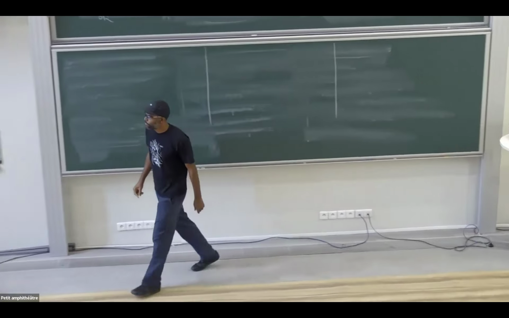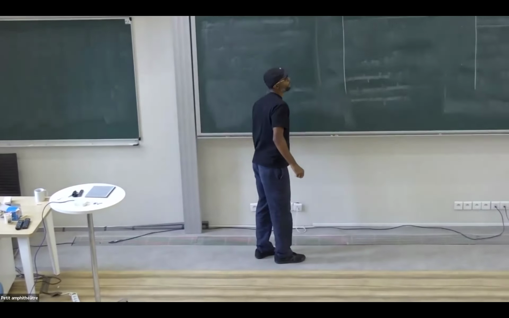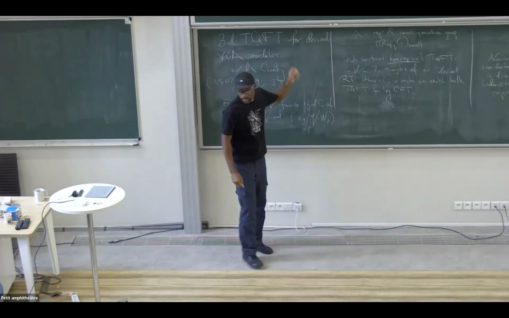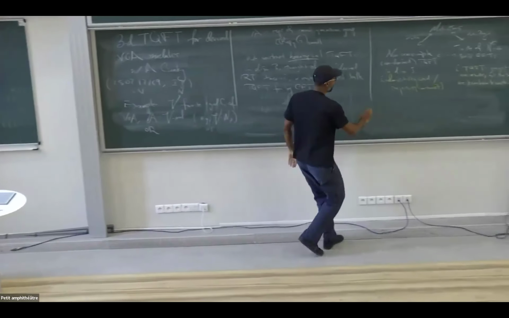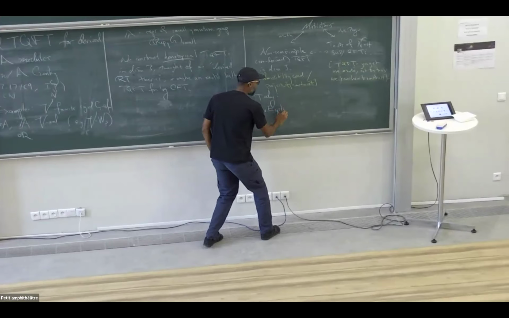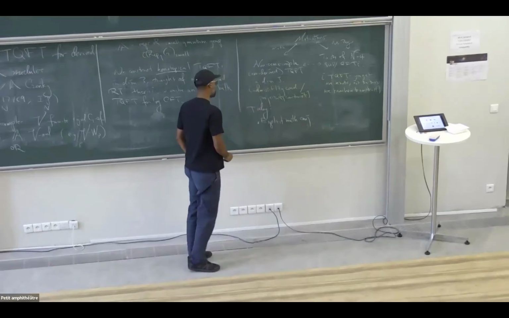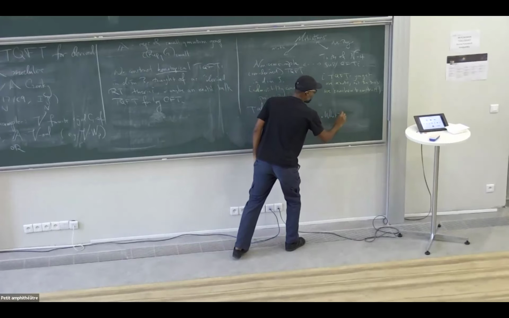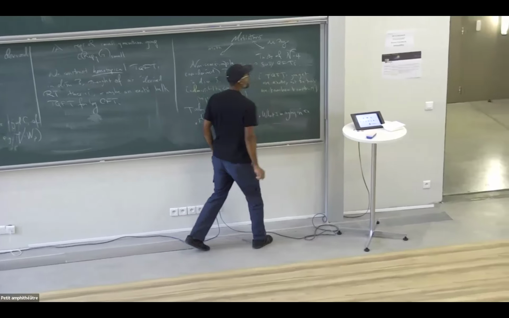Okay, so what's the outline? Today I want to start by writing up an explicit math conjecture. And then I want to think about some particular example.